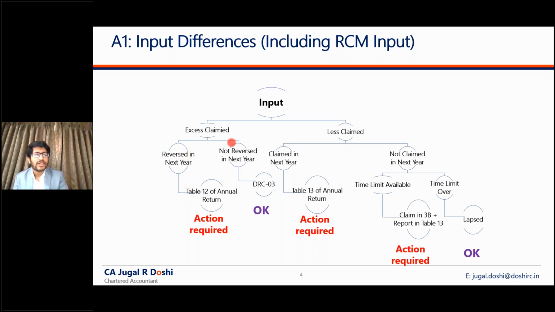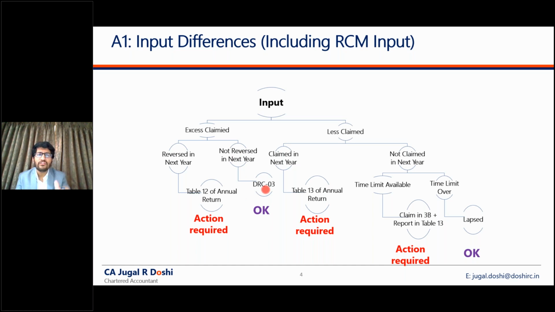The element which is not reversed in the next year, in our example rupees 50,000, would be shown net in table 6 itself. So as per my table 6, 6A amount is 12 lakhs. While filling table 6, I would fill 10 lakh 50,000 over here. Sorry, 11 lakh 50,000 over here.